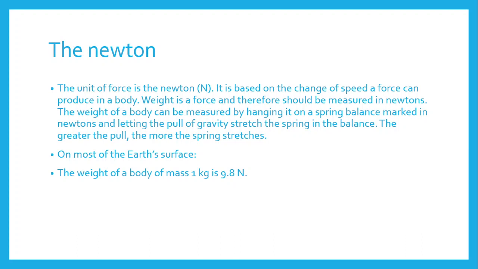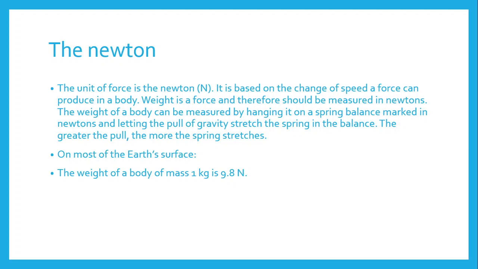So that's how we know what Newton basically is. It is the SI unit, but in terms of base units, it is kilogram meter per second squared, because F is equal to ma, mass units times acceleration units.